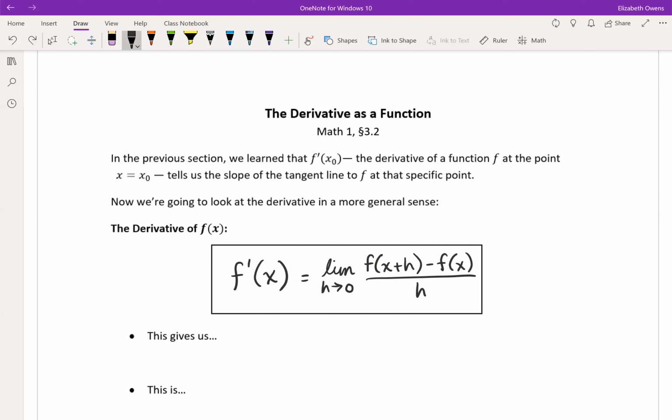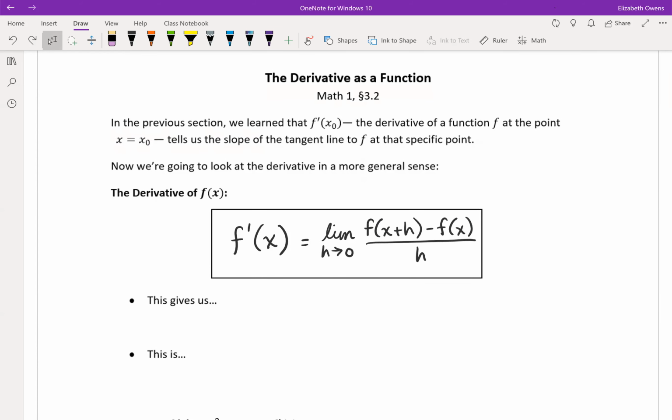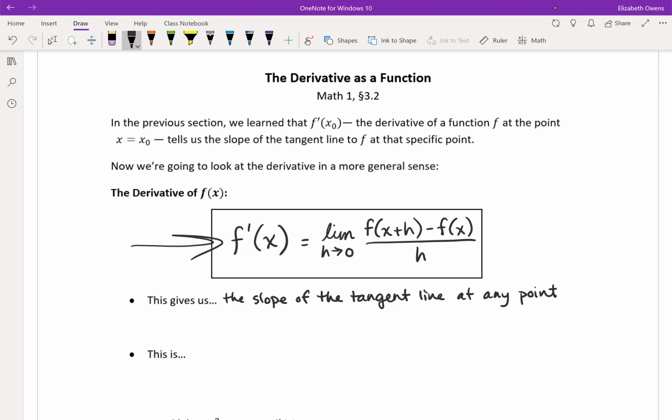Okay, so when we do that, this is going to give us a more general expression. This gives us the slope of the tangent line at any point. Since we didn't plug in a specific point value to start with this definition, it's going to give us a general expression and then you can just plug in the point that you want.